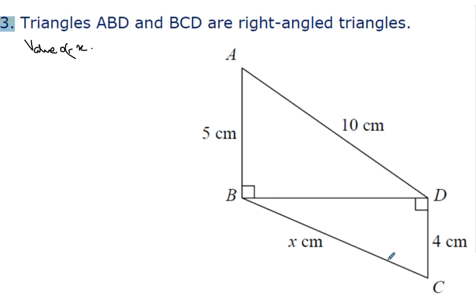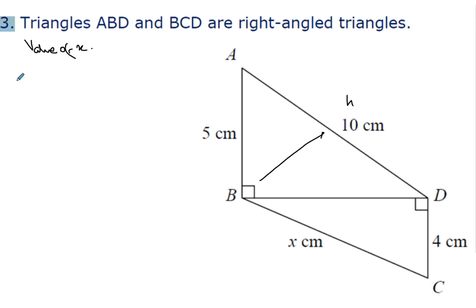Usually when you have two triangles, you know you're going to start off with the triangle that doesn't have what you need. So over here you can see you've got a right angle triangle, the side opposite your right angle is the hypotenuse. So we need to find this side because it's the common side to both the triangles.